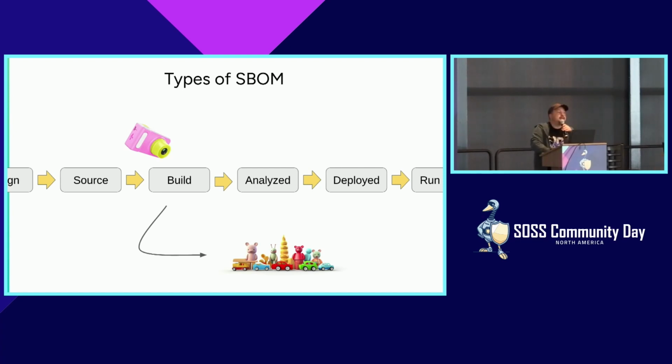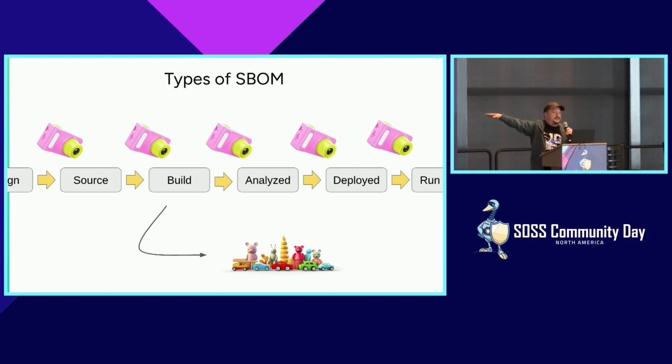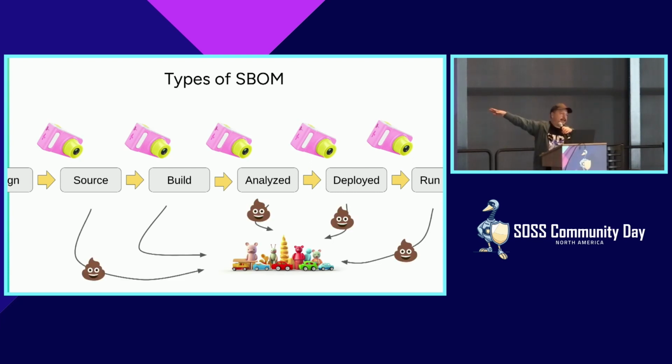And even worse, when people find an SBOM tool that they like and they get used to it, they will use the same tool anywhere in the software development lifecycle. And this is really problematic because if you apply one tool that understands one of those particular phases to other phases, you will only get crap SBOMs that don't really work for anything, not even with the ecosystem they're supposed to play with.